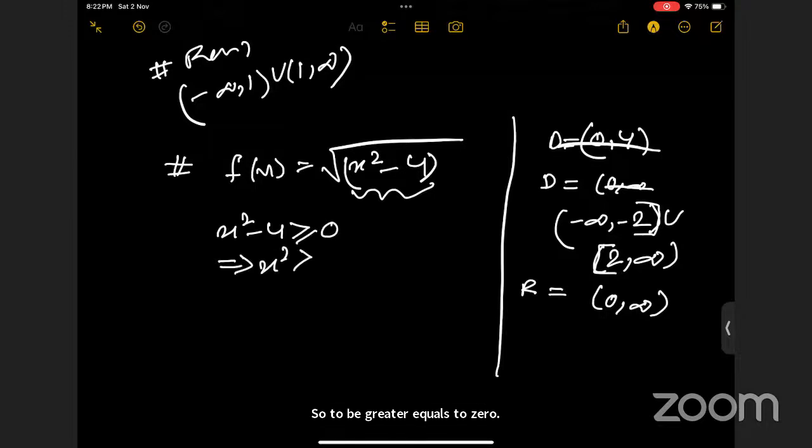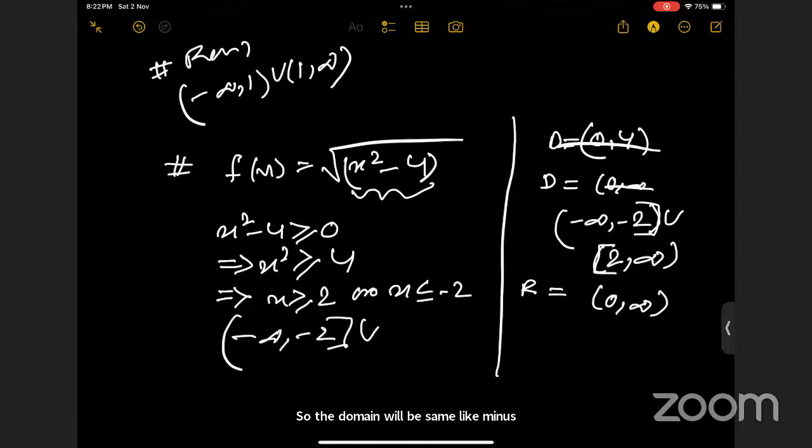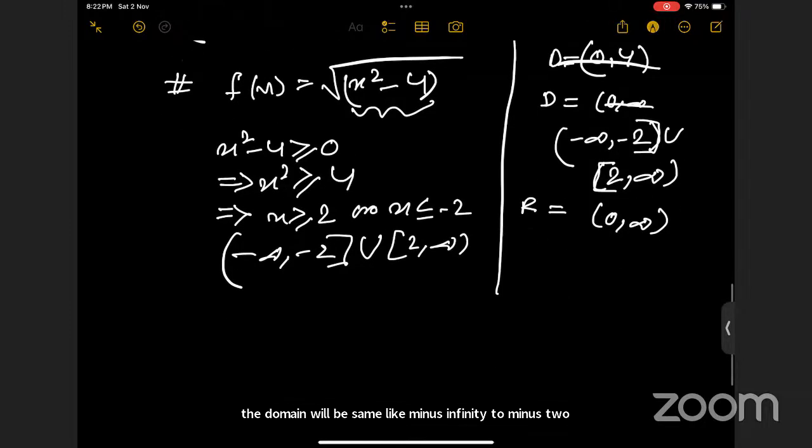So it implies x squared is greater than or equal to 4, that means x is greater than or equal to 2 or x is less than or equal to -2. So the domain will be minus infinity to -2 union 2 to infinity. That is clearly correct, right? And the range will be 0 to infinity, right?